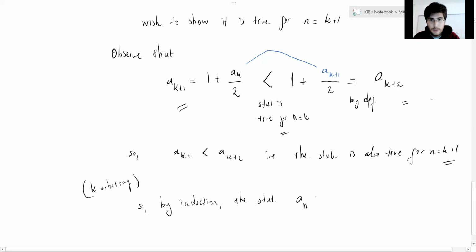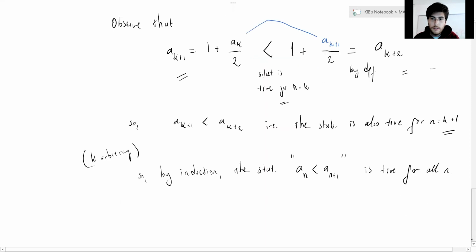The statement is that a_n is less than a_{n+1}. This statement is true for all n. Okay, maybe if you are not familiar with the symbol, write it down: for all n.